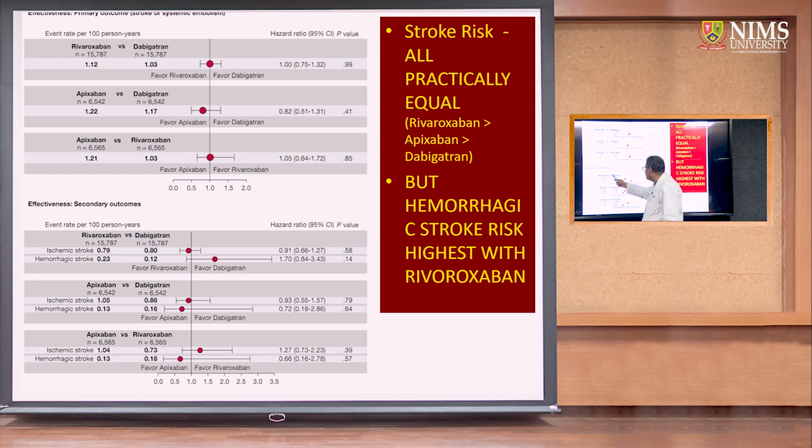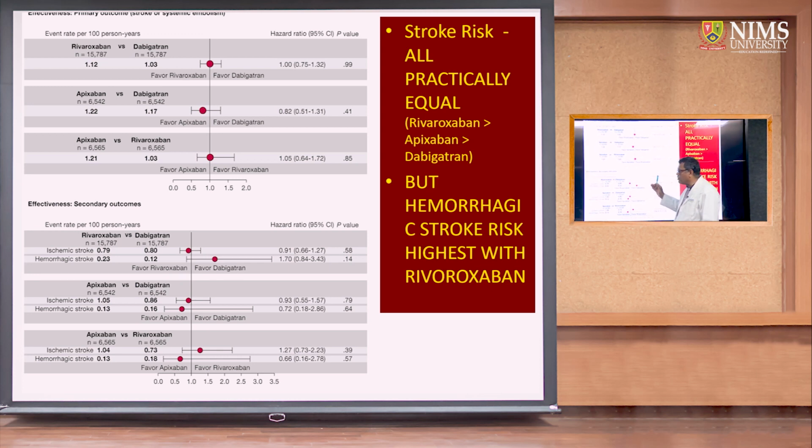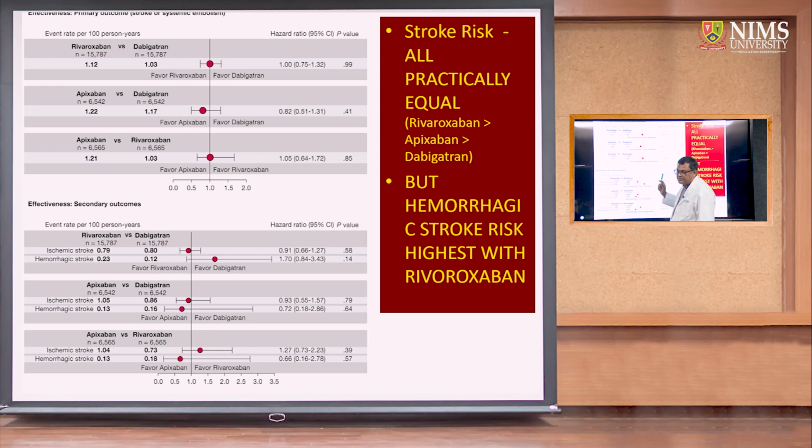But if you look at the type of stroke, you realize that if you are suspecting hemorrhagic stroke, then dabigatran may be a little bit better, although again not statistically significant, it is skewed towards dabigatran. So, you might think of dabigatran between it and rivaroxaban, but with apixaban there is no such difference.